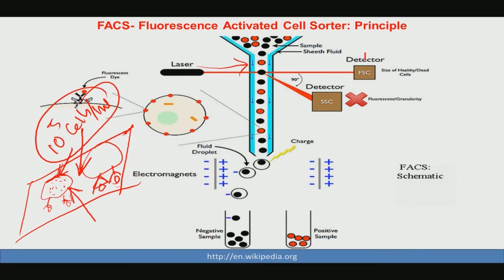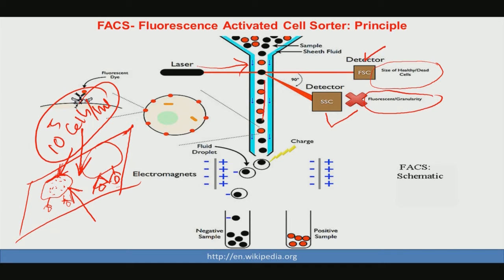There are two detectors, one is FSC, forward scatter, and then side scatter, and both these detectors are kept at 90-degree orientation. Forward scatter will tell you the size of the healthy or dead cells, whereas side scatter will give you the granularity.